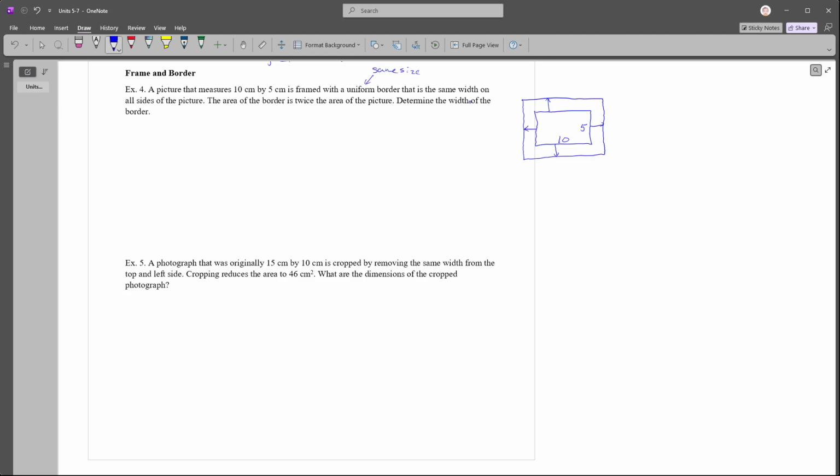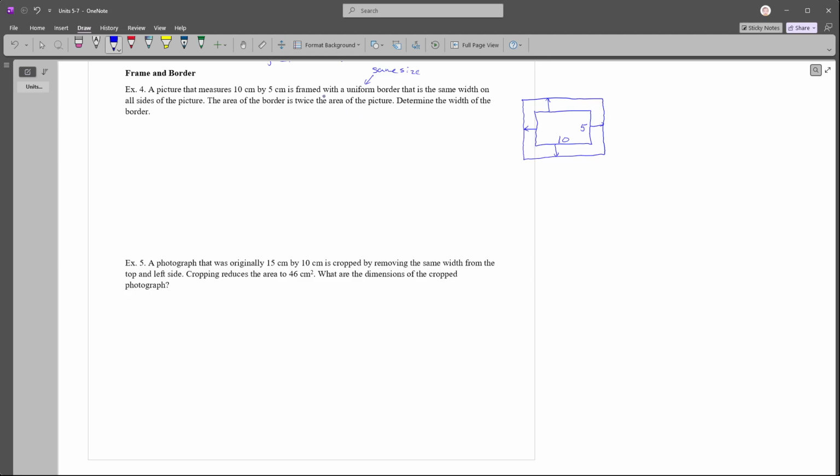That's good to know. Okay, so a picture that is measured 10 centimeters by 5 centimeters is framed by a uniform border that is the same width on all sides of the picture. The area of the border, just the border, is twice the area of the picture. Determine the width of the border. So in this case, what is unknown? The stuff that's unknown is the actual border width itself.